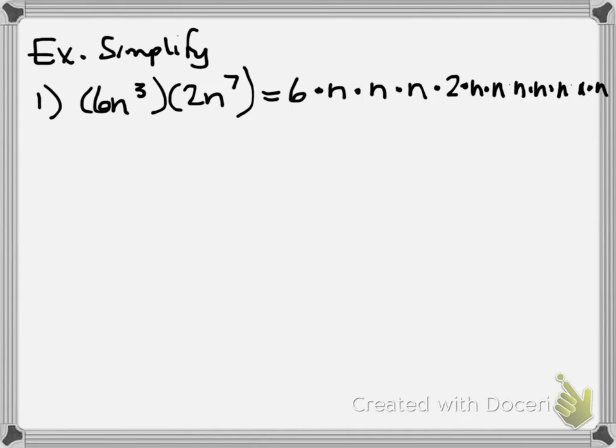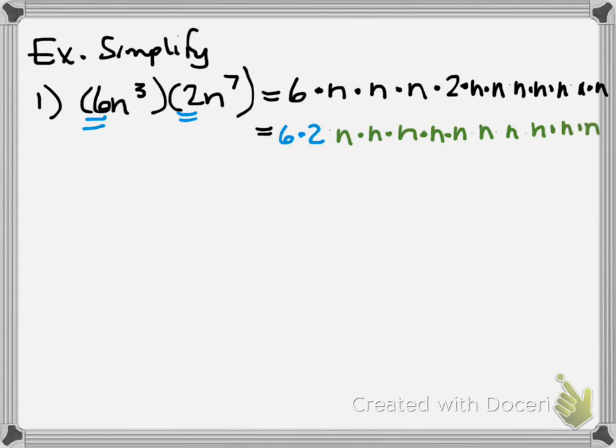Which are the 2 that kind of stick out like sore thumbs? The 6 and the 2. Yeah, those coefficients. So I'm going to use the commutative property of multiplication, and I'm going to rearrange and put them side by side. Okay? And then that means I'm going to gather up all those n's. So I had 1, 2, 3, 1, 2, 3, 4, 5, 6, 7.